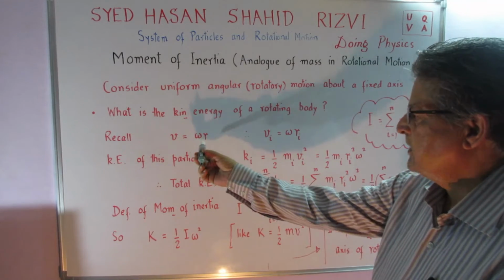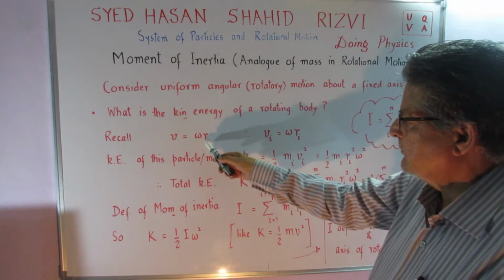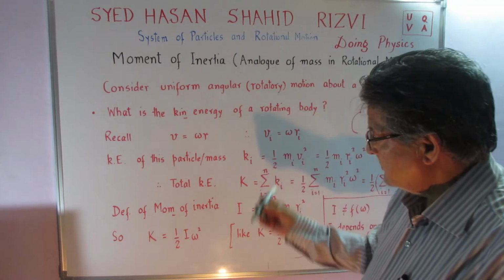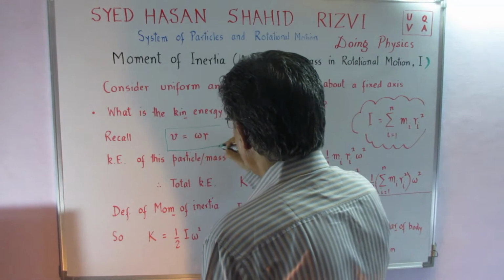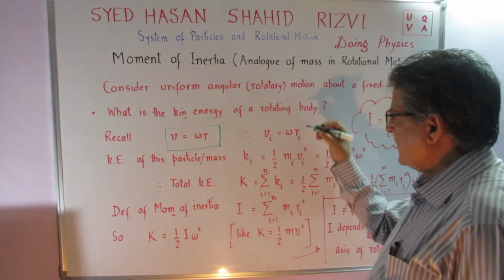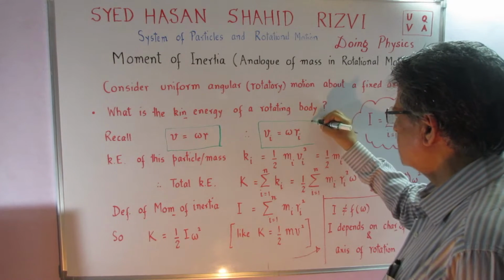It is having a radius in which it takes place, which we are taking as small r. Then we define V is equal to omega r, so that for the ith particle I can write Vi is equal to omega Ri. Simple, no problem.